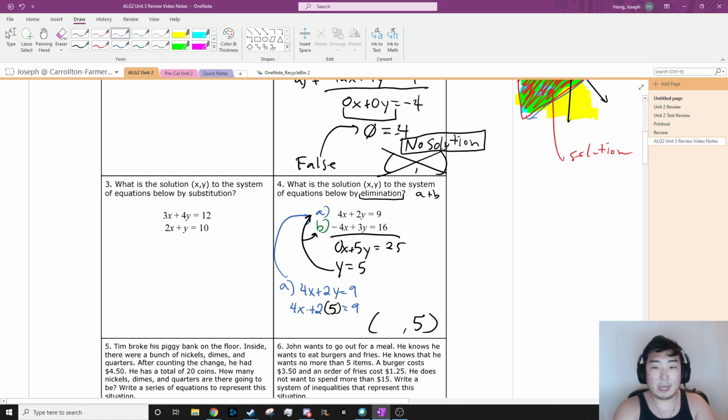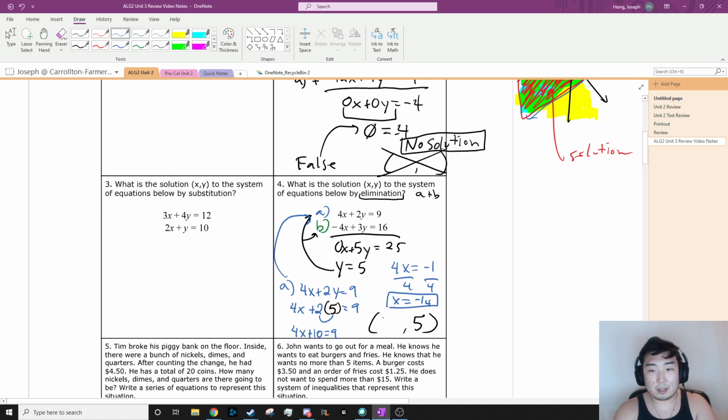Alright, now I can simplify this, as I can multiply this and that. So 4x plus 10 is equal to 9. Then I subtract 10 on both sides, which means 4x is equal to -1. I divide by 4, so x is equal to -1/4.